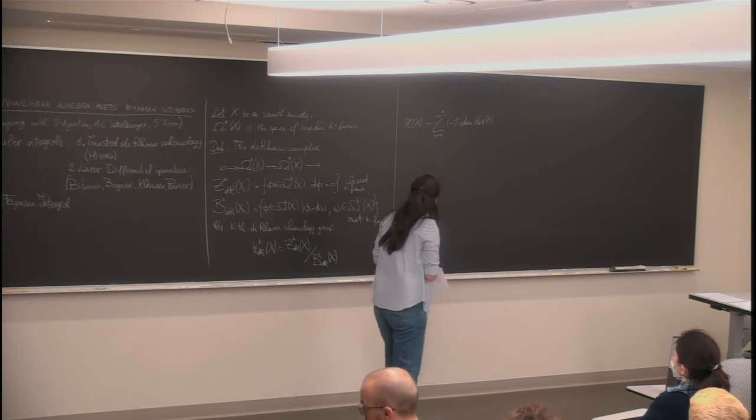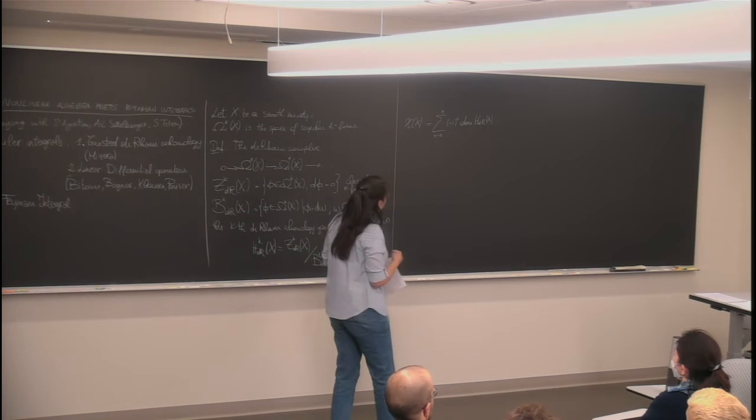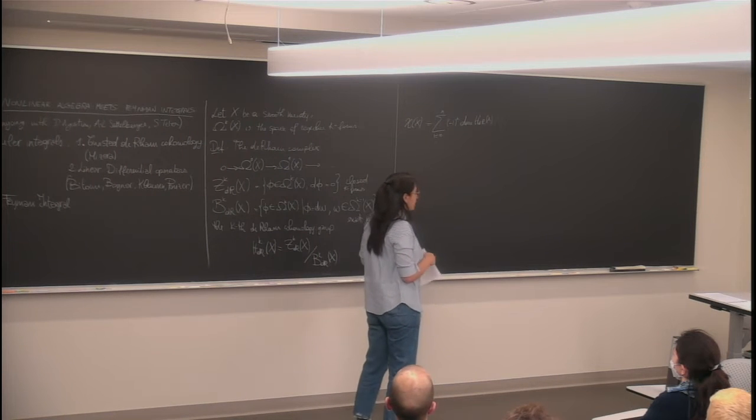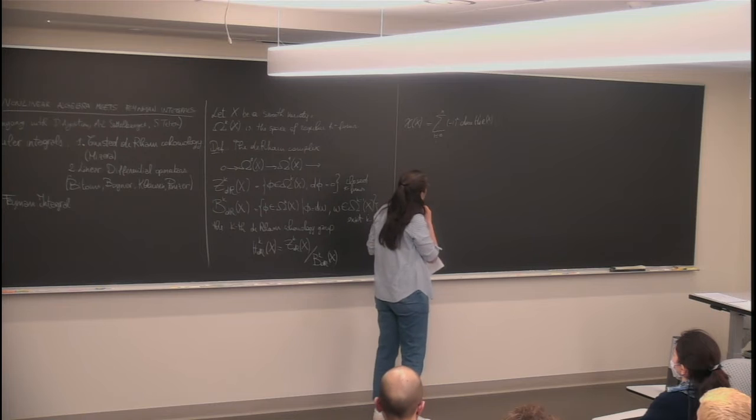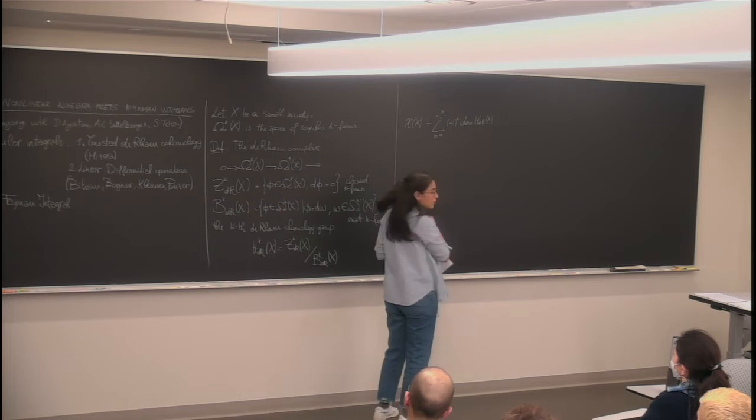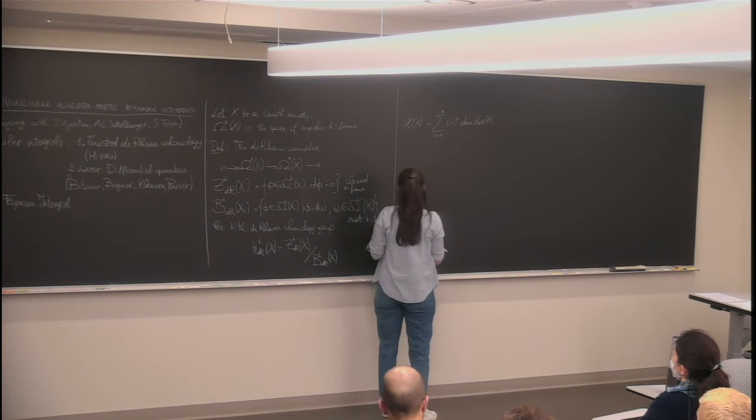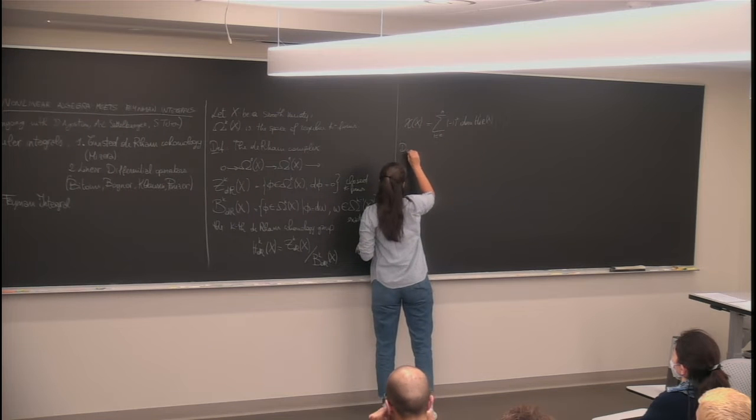All right, but the tool we're going to use for connecting these with Euler integrals is actually a slightly different version of this complex, and it is what is called the twisted de Rham complex.